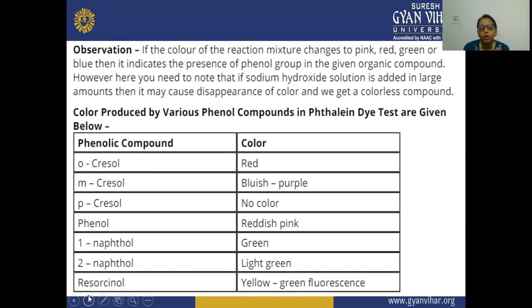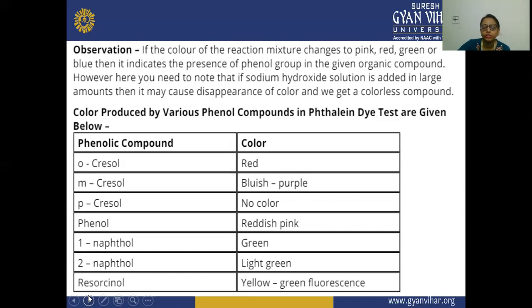If it shows no color, it is paracresol. Reddish pink shows the presence of phenol. If green or light green color, it is 1-naphthol or 2-naphthol. Yellow to green fluorescence means it contains resorcinol. So these are the 3 tests.